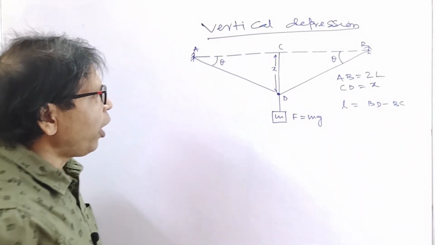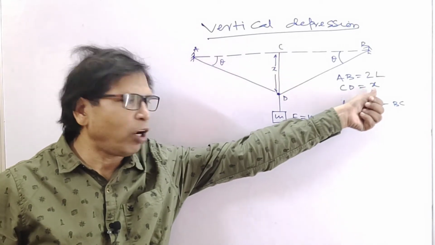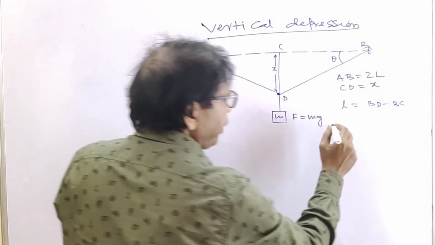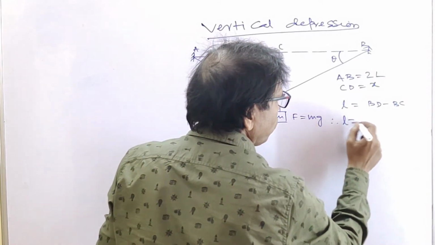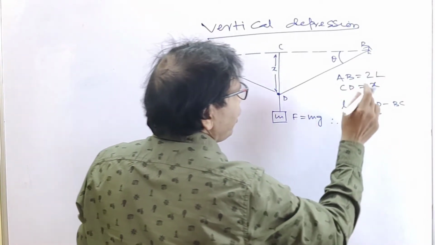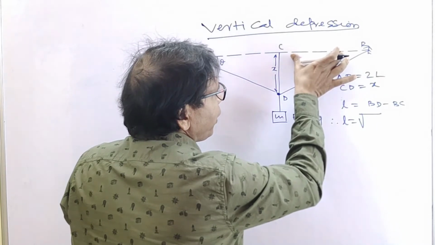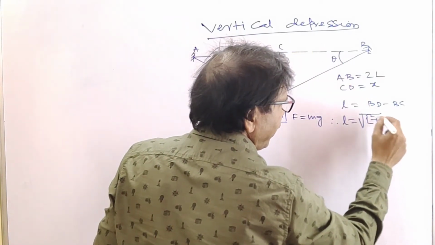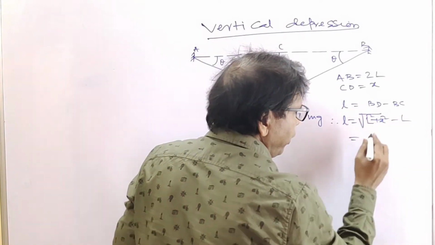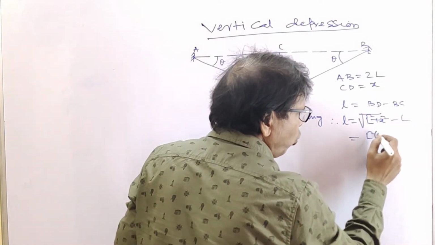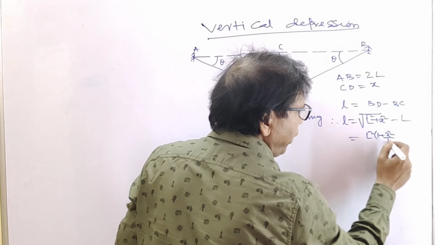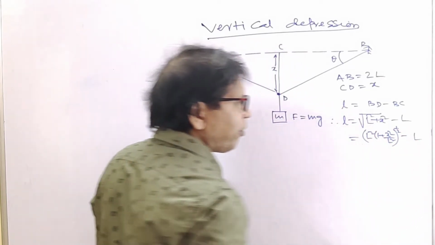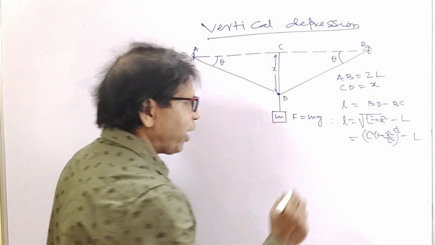Now x is very small compared to the length of the wire. Therefore small l is equal to BD minus L, where BD is the square root of L square plus x square. So this is L square into 1 plus x square by L square, whole to the power half, minus L. Understood?